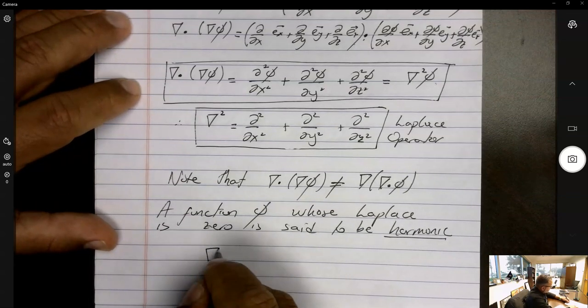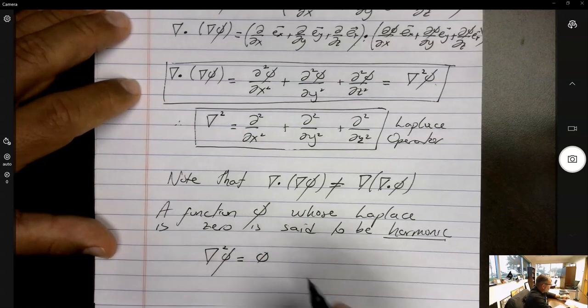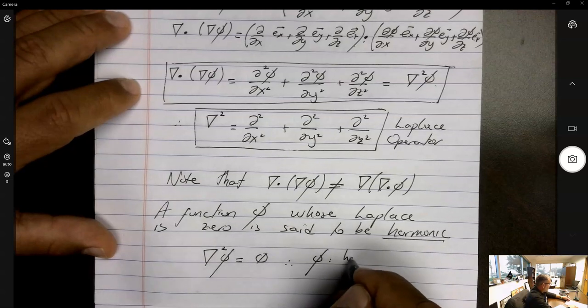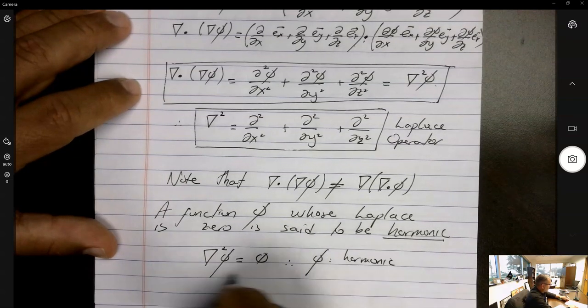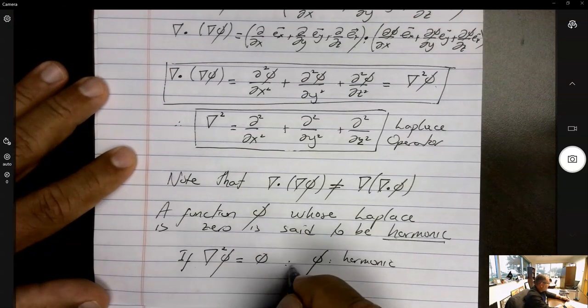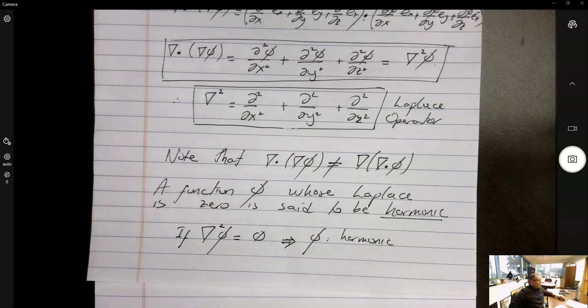So if the Laplace of phi is equal to 0, then phi is a harmonic function. Okay? So that's where we end up today. That's where we finish the class today.